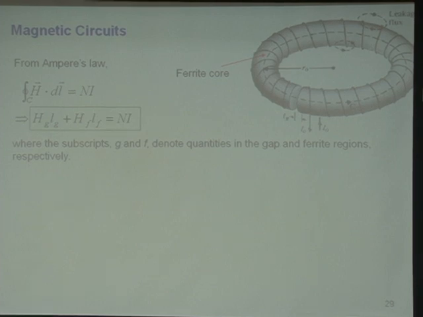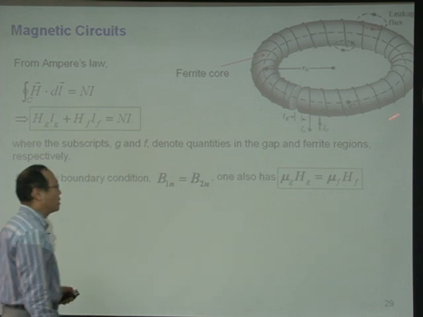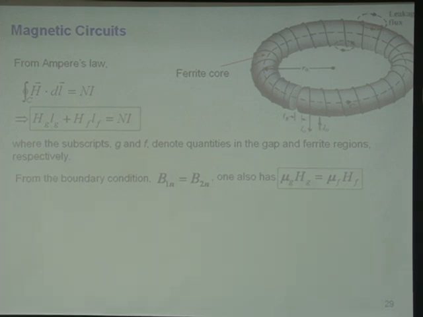Fortunately, you can apply the boundary condition: the normal component of the B field in this gap and inside this material are continuous. OK, so you can find the relationship between HF and Hg. So you have two equations in these two green boxes.